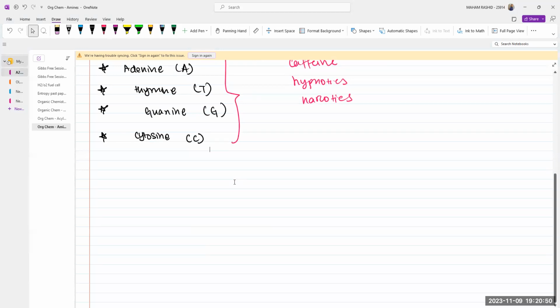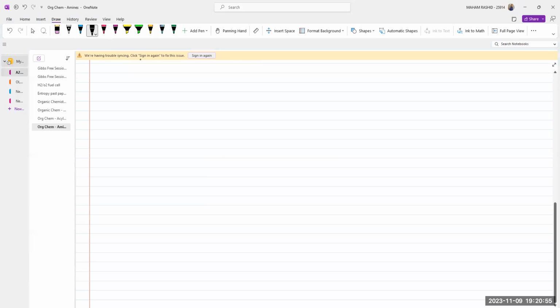Now we move on to the classification of amines. This is your NH3, right? अब NH3 से amines बनते हैं.